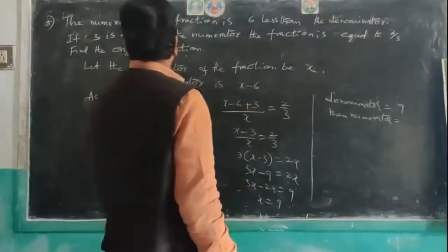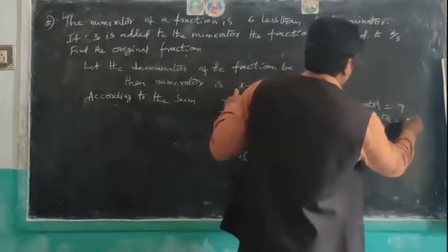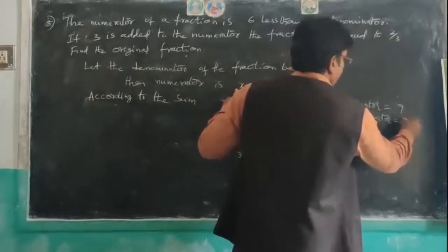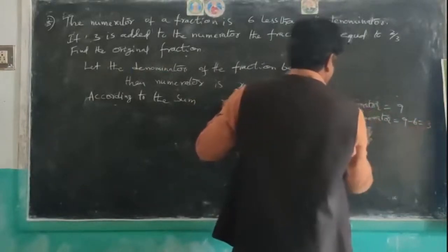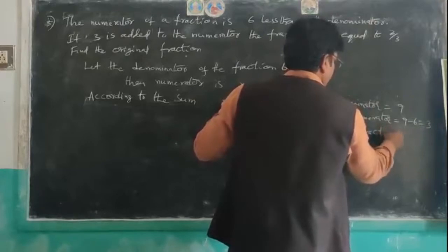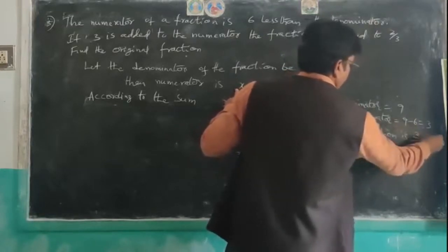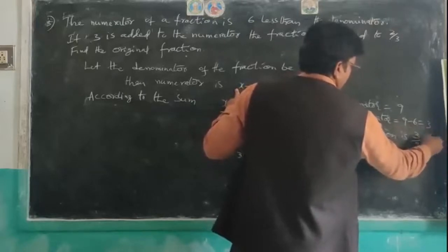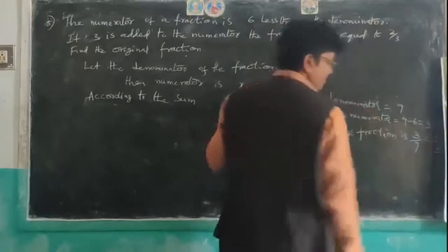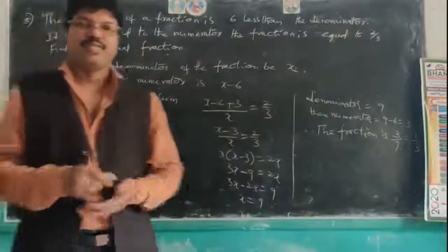The numerator is x minus 6: 9 minus 6, 3. Therefore, the fraction is 3/9, or 1/3. Confidently, practice all these.